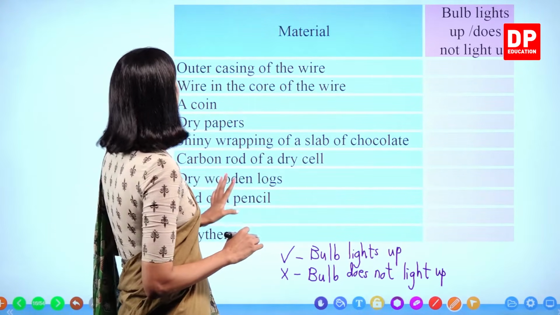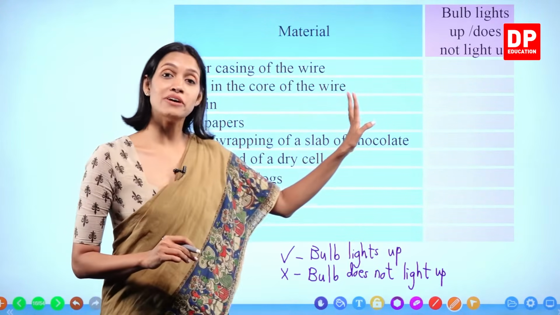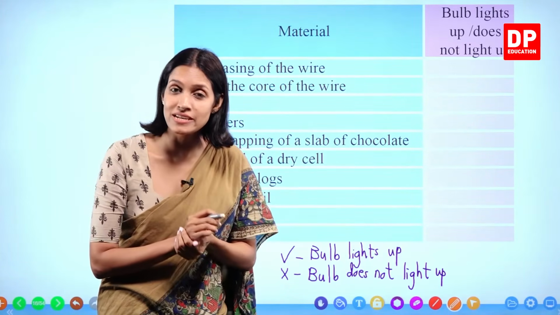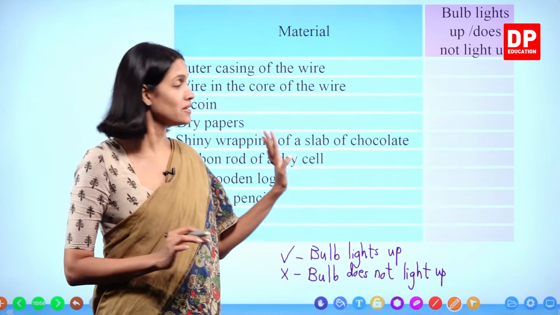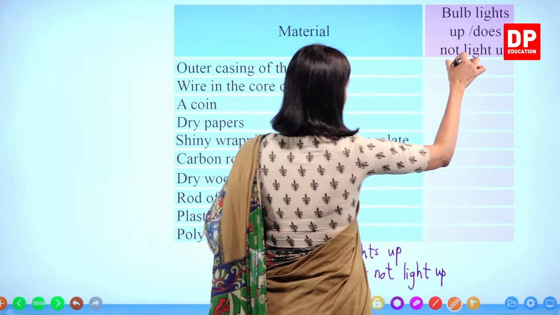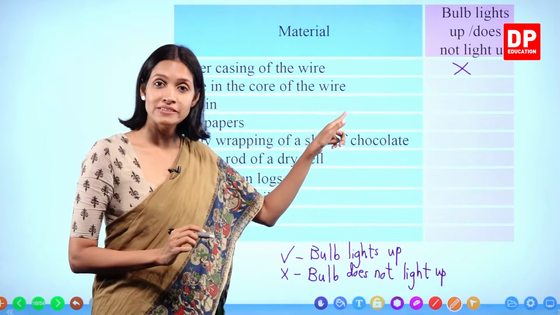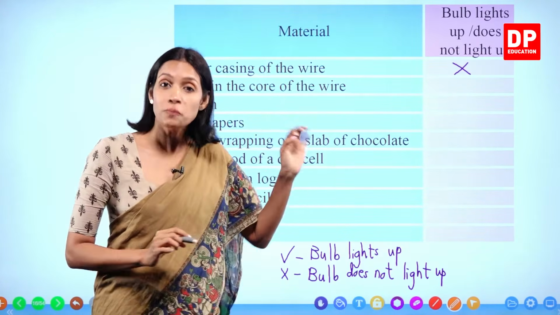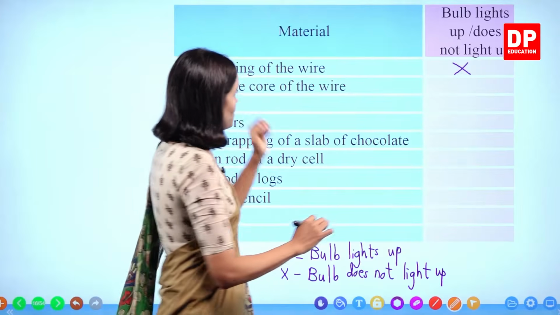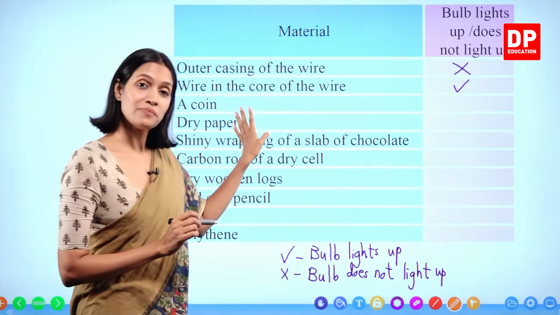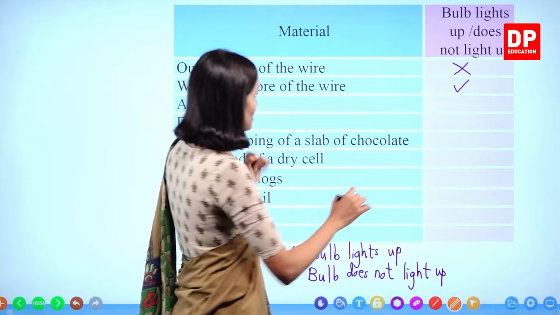Okay? So outer casing of the wire, what happened, children? When we placed that outer casing, the bulb did not light up, right? And the wire in the core of the wire, what happened when we put that copper wire? The bulb lights up, okay? Coin, what happened? Coin, bulb again lights up.